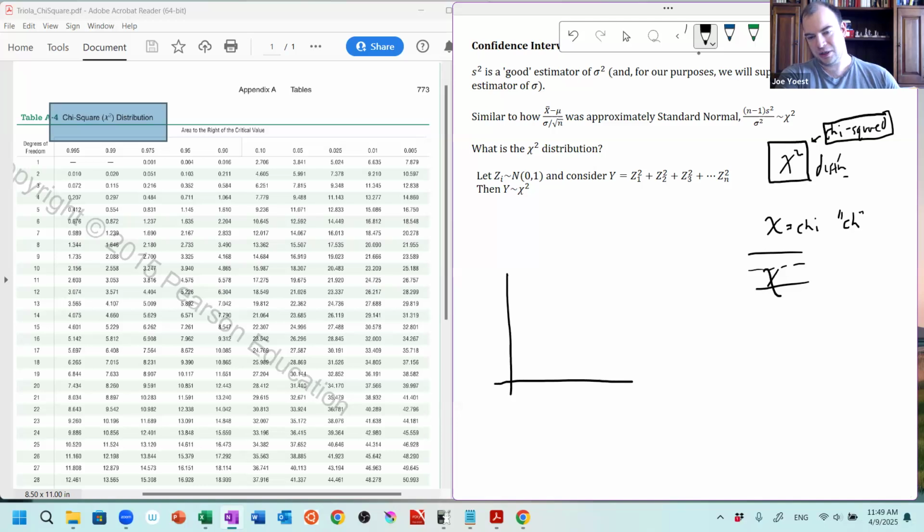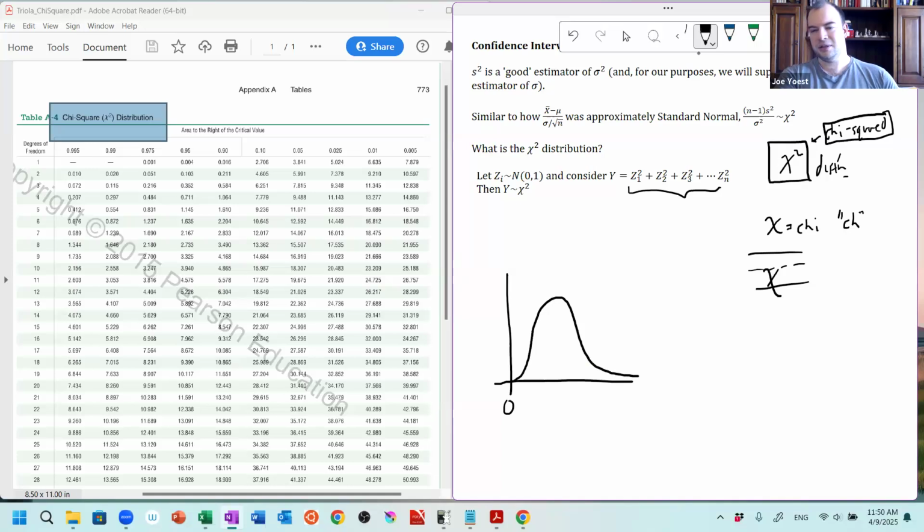In fact, it starts at 0. It has nothing over here. It is only positive. The only way to get 0 exactly would be to get n standard normals, all of which are exactly 0. And of course, there's 0 chance of that happening. So it is, for all intents and purposes, always positive.